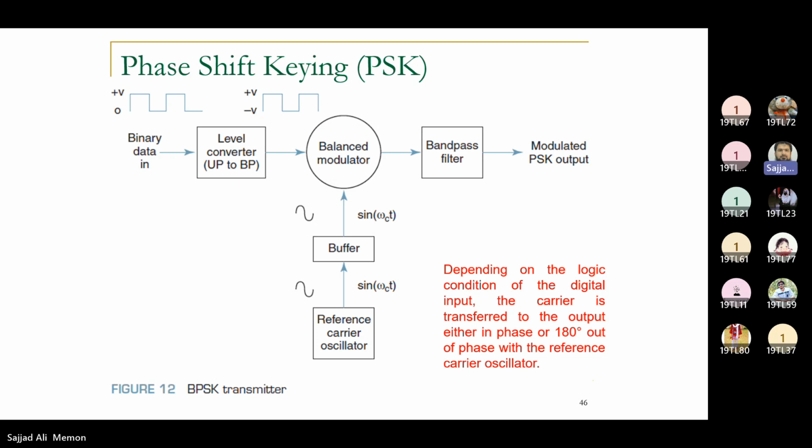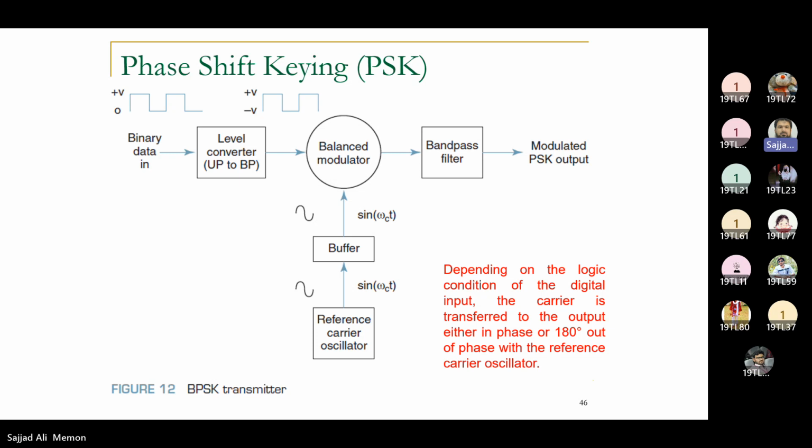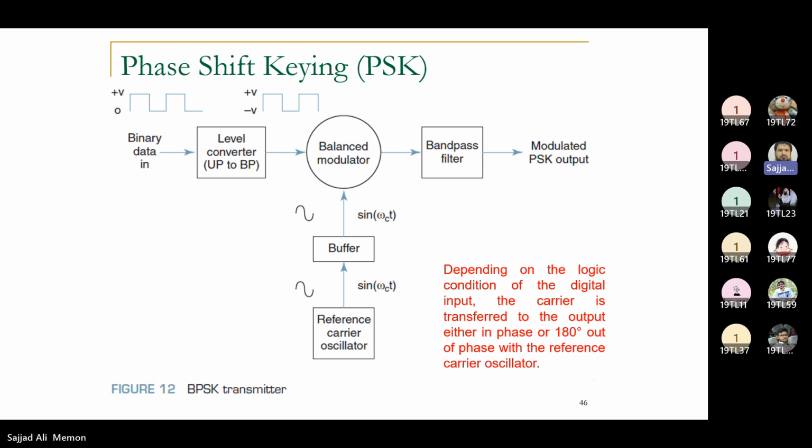The binary data only consists of no voltage, that is 0, and one positive voltage. So this level converter converts this unipolar signal that has only one polarity into a two-polarity or bipolar signal, where binary 1 and 0 will be represented by plus and minus voltages.